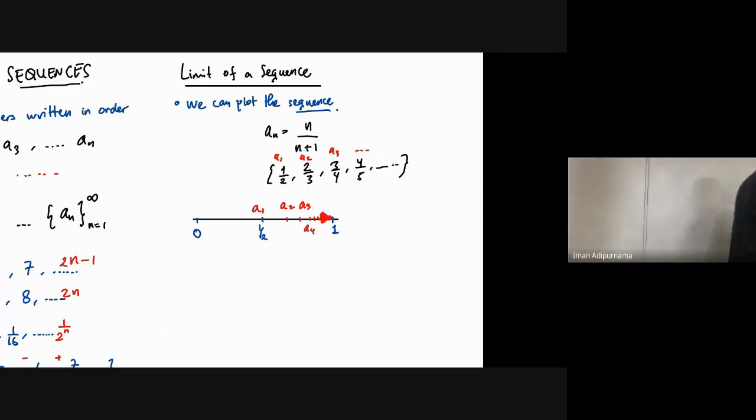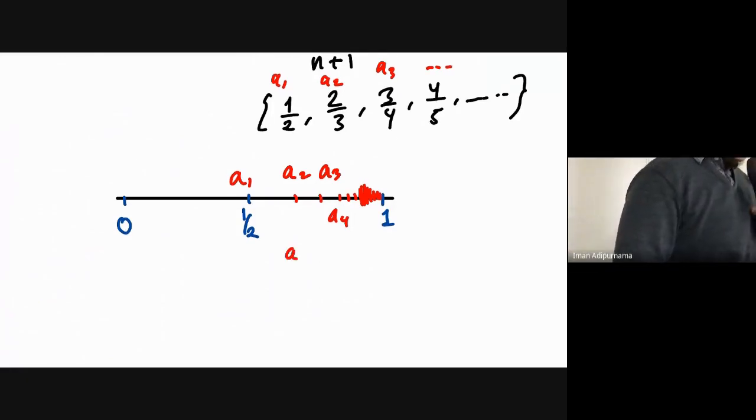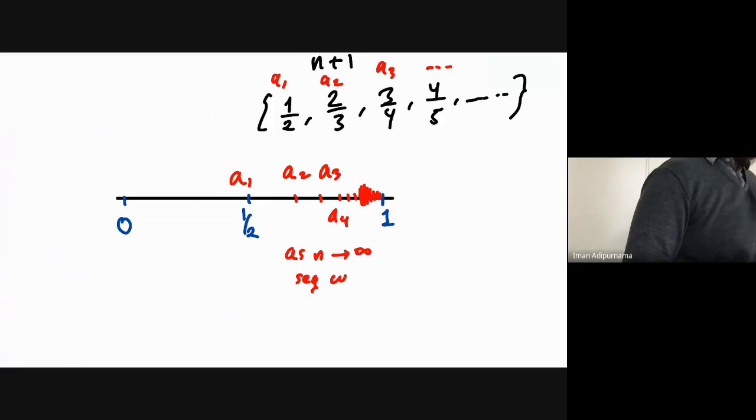And then it starts to get closer. Let me make it bigger. So from a_1, and then a_2, a_3, a_4. As n gets larger, or we can say approaching infinity, the value of the sequence gets closer to 1, right?